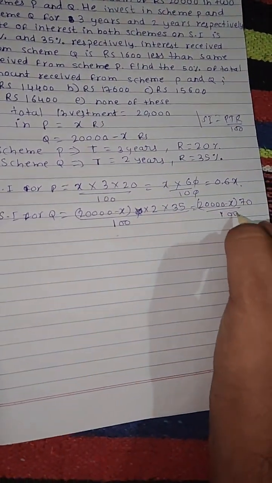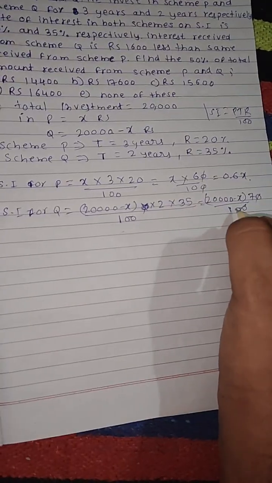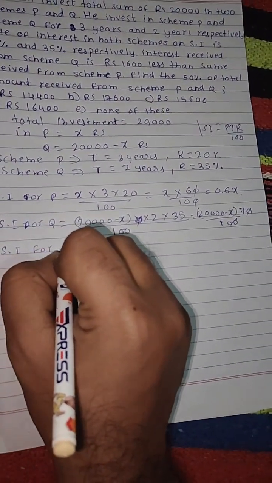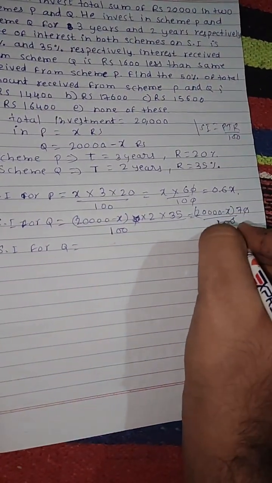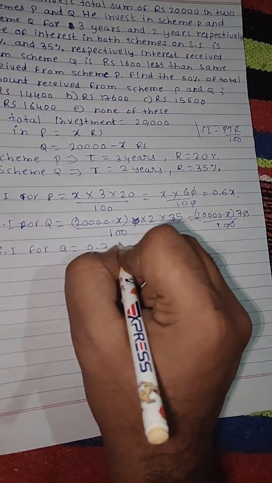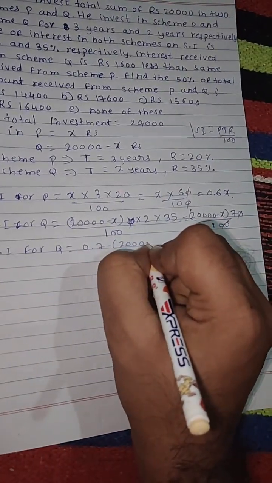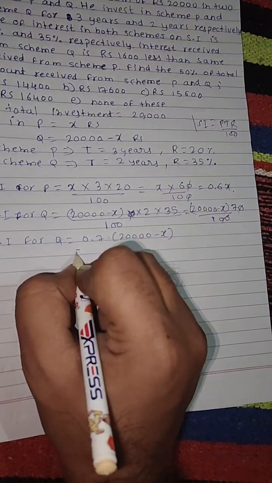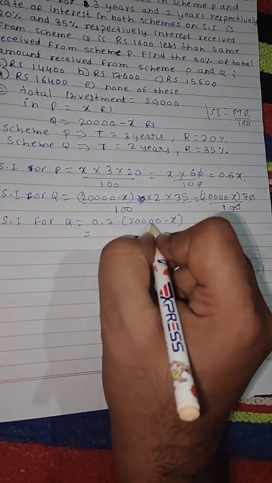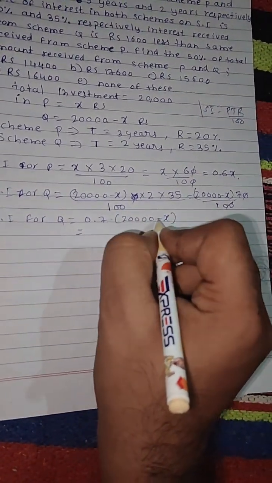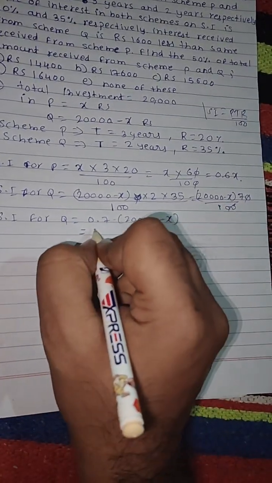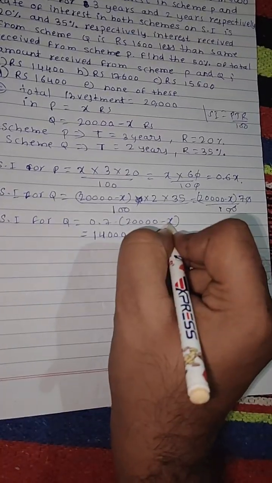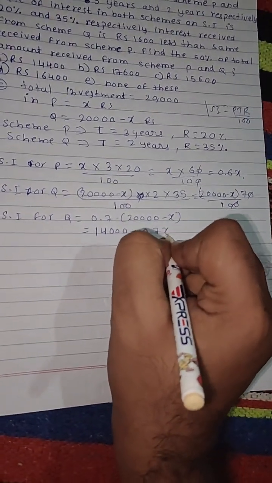The zeros cancel, so 7 by 10 is 0.7. So the simple interest for Q is 0.7 into 20,000 minus X. 0.7 into 20,000 will be 14,000, and 0.7 into X is 0.7X.